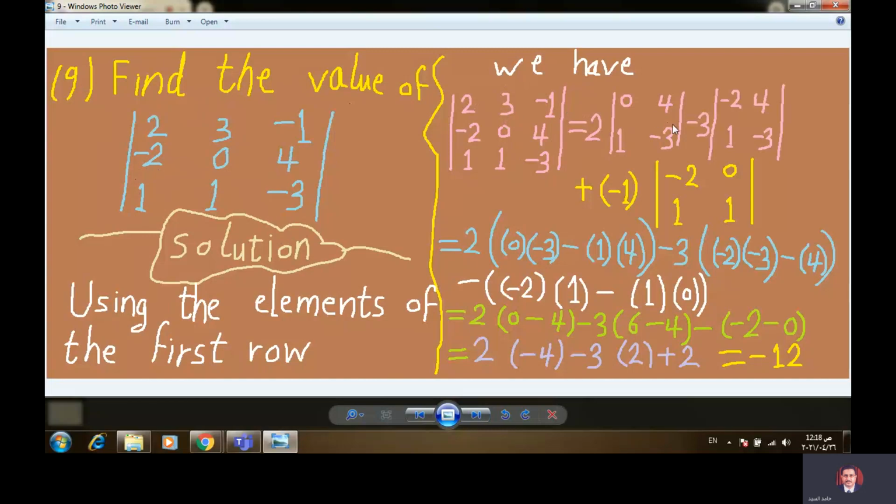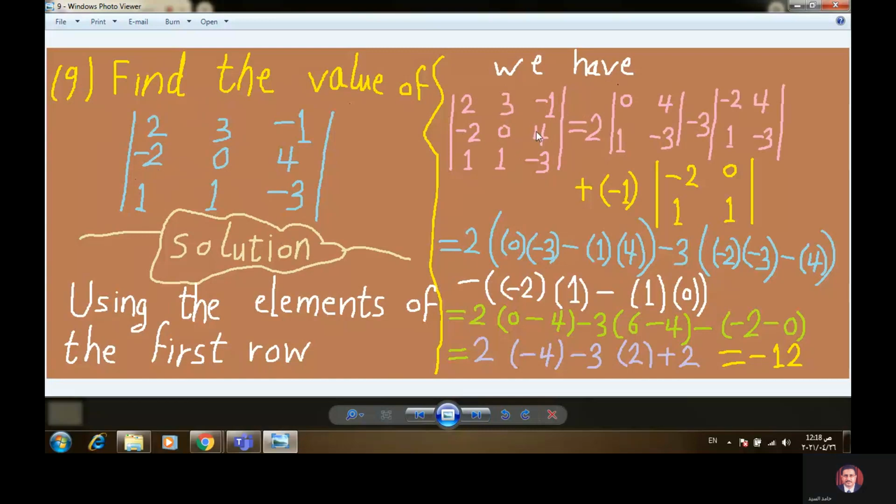Take 3 here with negative according to the rule of signs. The second element in the first row, we put beside it negative as you see here. Cancel this column and this row. What is the remainder?